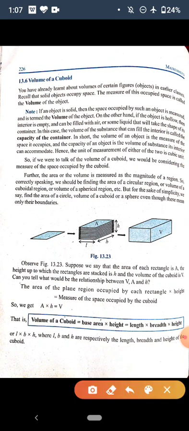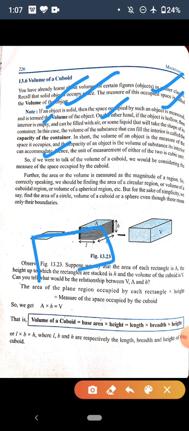But one thing must be clear in your mind. It is given in the book that one word is volume, another word is capacity. If an object is solid, then the space occupied by such an object is called volume. But if the object is hollow, the interior is empty and you will fill something in it, then it is called capacity.